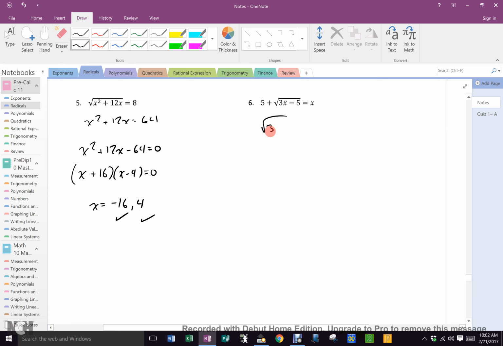So I got root 3x minus 5 equals x minus 5. Now what? Square both sides. 3x minus 5 equals x squared minus 10x plus 25. Now what? Collect like terms. X squared minus 13x, when I square this side.